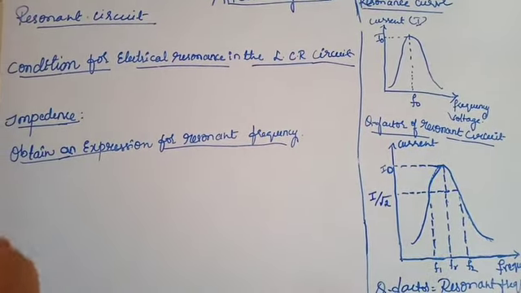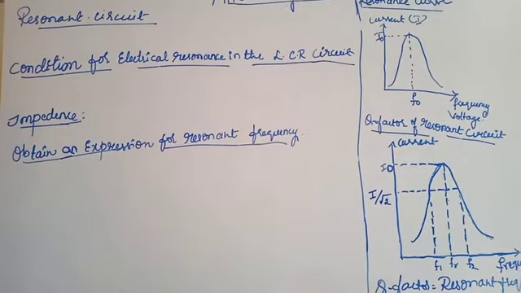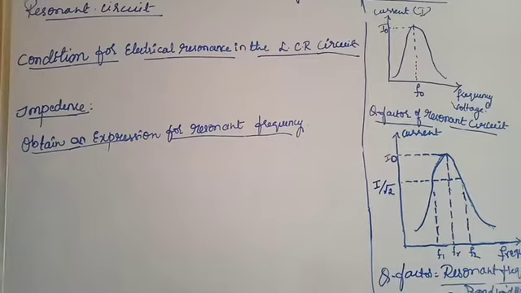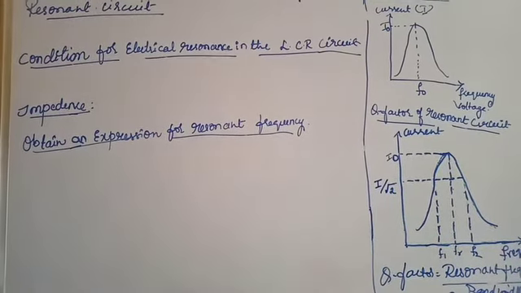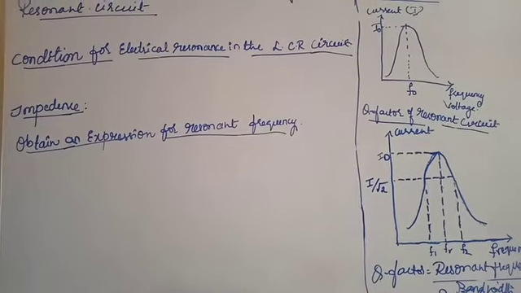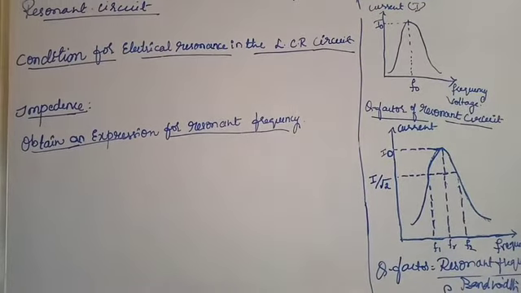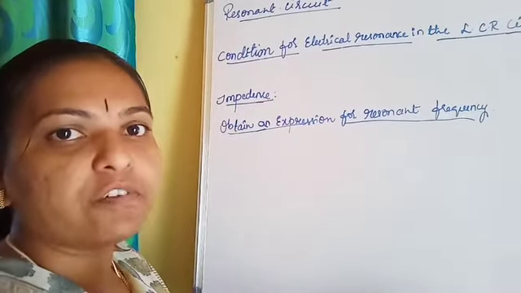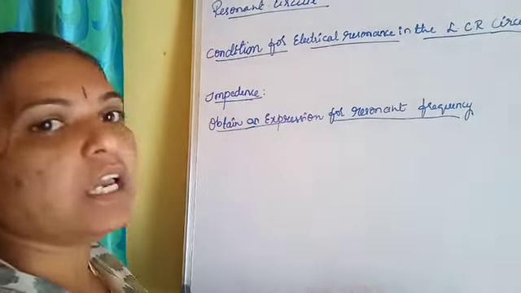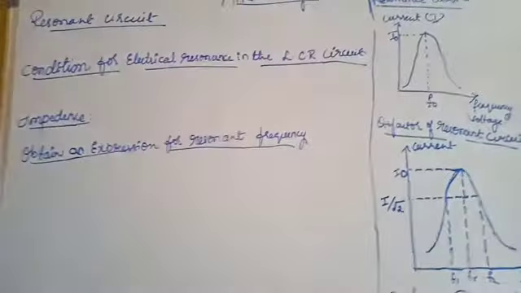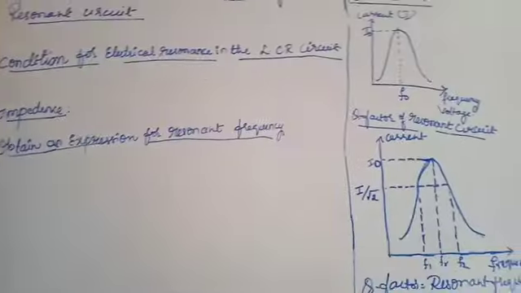Similarly, a resonant circuit is when an alternating voltage of a particular frequency is applied to an LCR circuit connected in series, and at that time the maximum current will be induced.